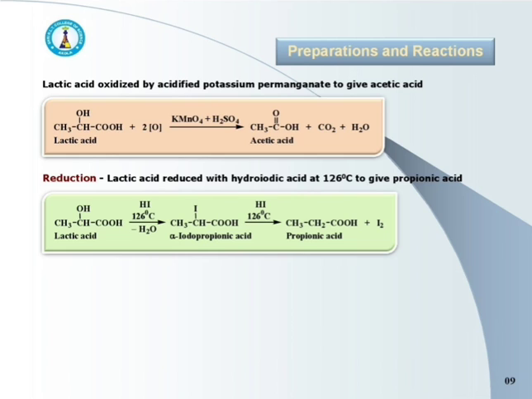At 126 degrees centigrade, when lactic acid is treated with HI, it loses a water molecule to form alpha iodopropionic acid, which again reacts with HI to give propionic acid along with the removal of iodine.